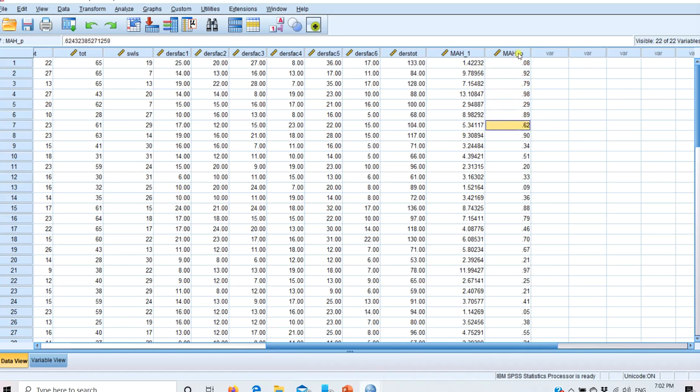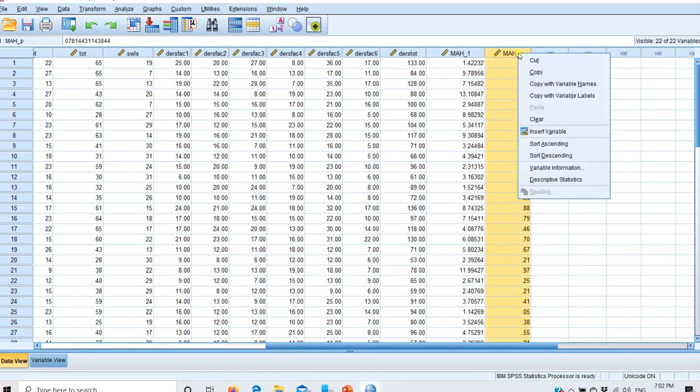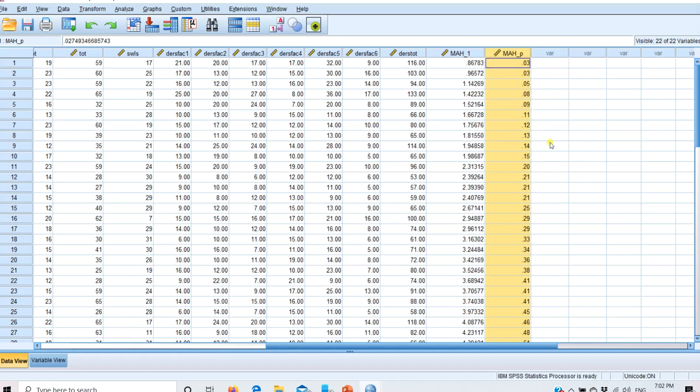Now to identify whether any value is greater than 0.001, we will sort it ascending. So the lower value will be on the top.